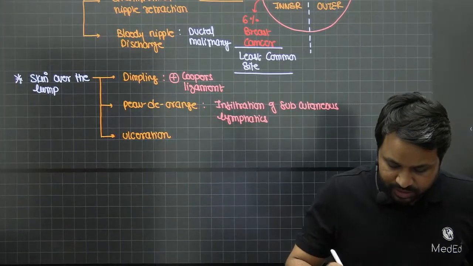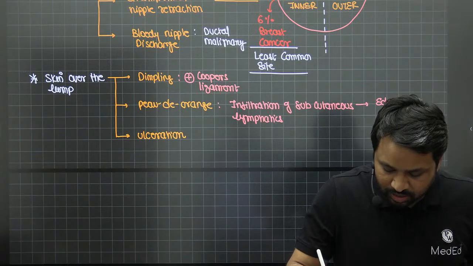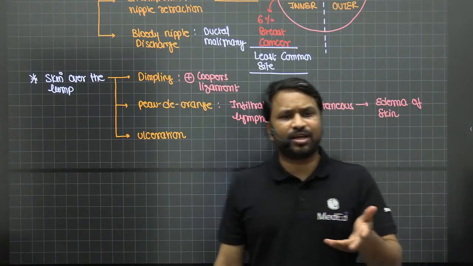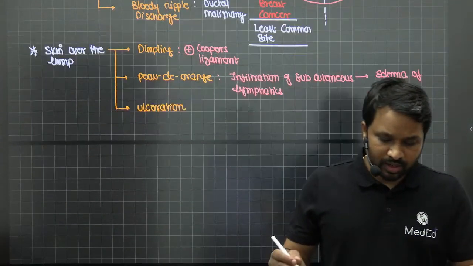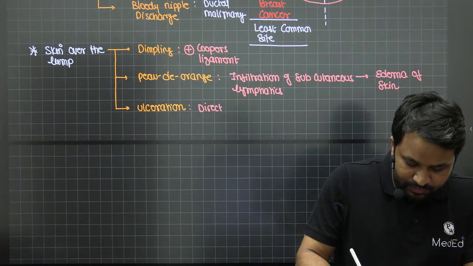And this infiltration of subcutaneous lymphatics is going to result in edema of the skin. And this edema of the skin is what we call an orange peel-like appearance, or peau d'orange, as simple as that.